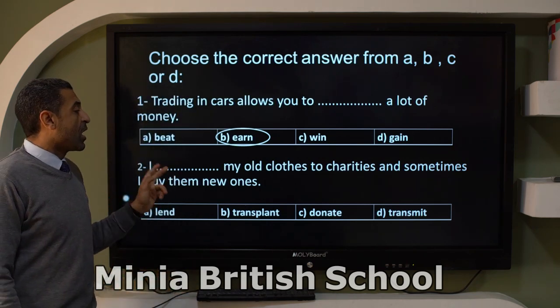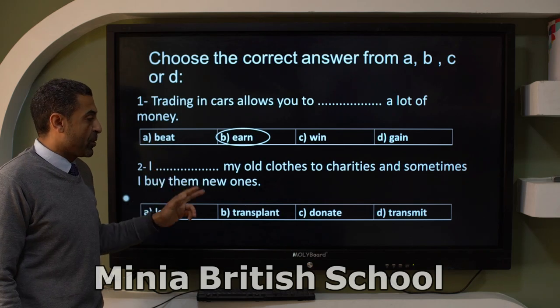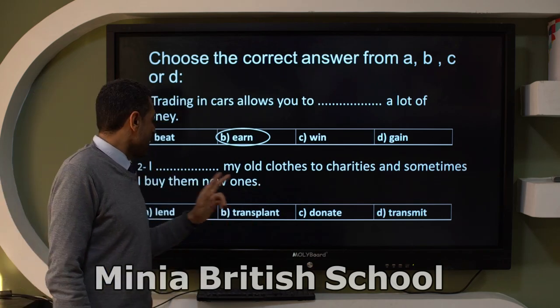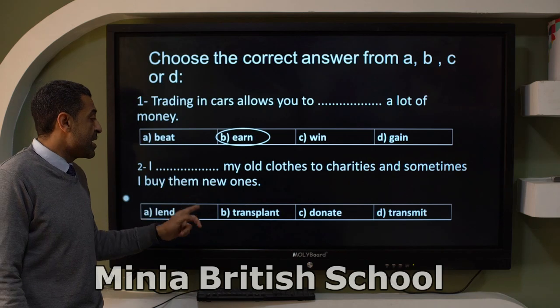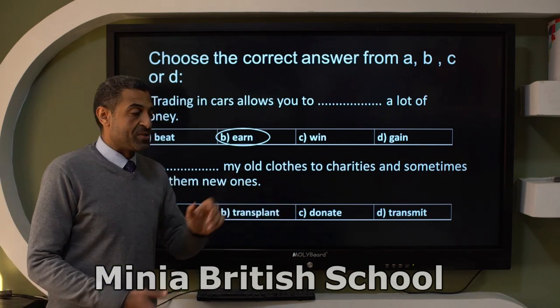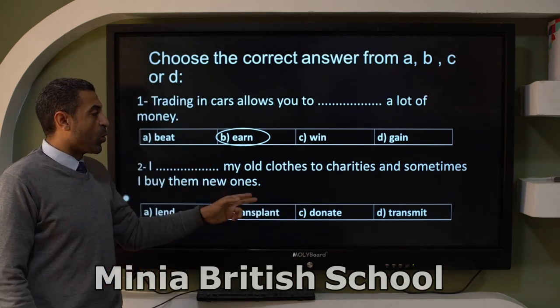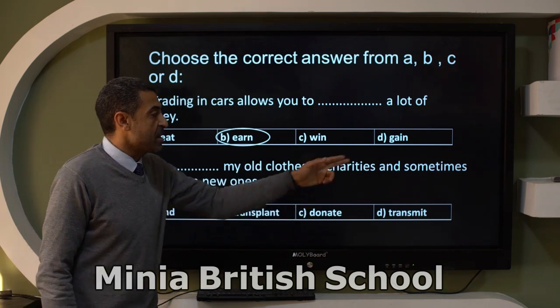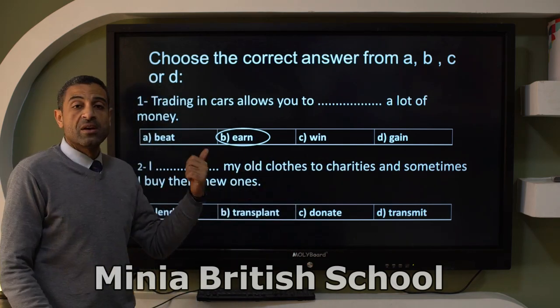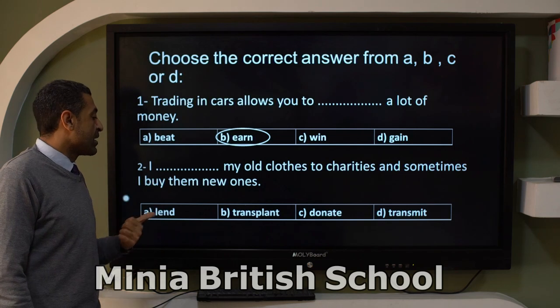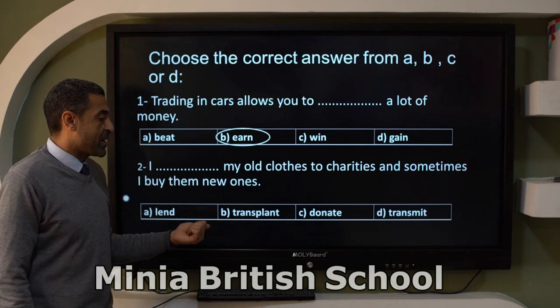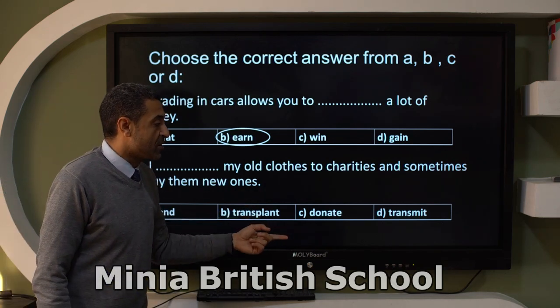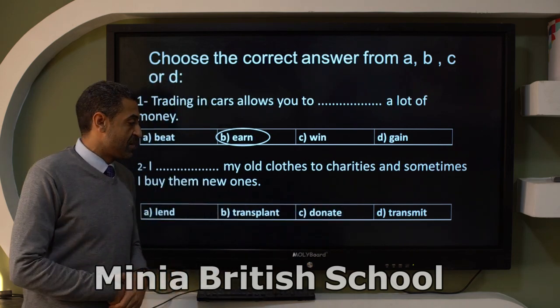Number 2: I blank my old clothes to charities and sometimes I buy new ones. The options are lend, transplant, donate, or transmit.